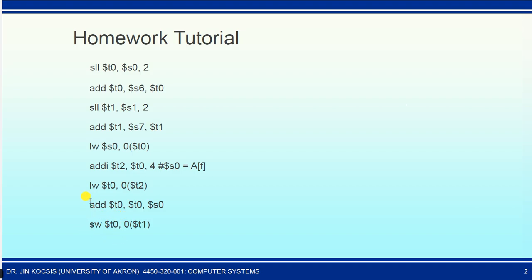After that, I will store the arithmetic operation result back into the memory address indicated by t1 plus 0, which is t1. By doing so, what I try to do is replace the high-level variable whose value is currently stored in this memory address t1 with the result which is currently stored in t0.